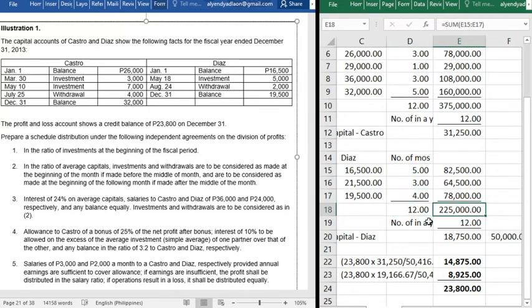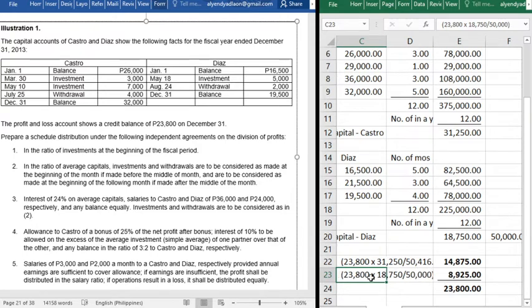Okay, then we have 225 divided by 12, we have 18,750. So for our formula, class, this should be 23,800 times 18,750 over 50,000.